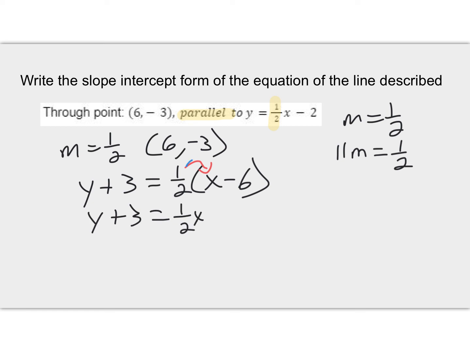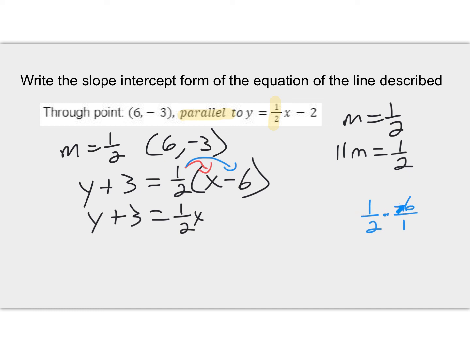Now we have to do 1/2 times -6. Well, that's just saying half of negative 6. Or if we were to multiply 1/2 times negative 6, let me work that out over here. I make that a fraction over 1, and then we just multiply straight across.